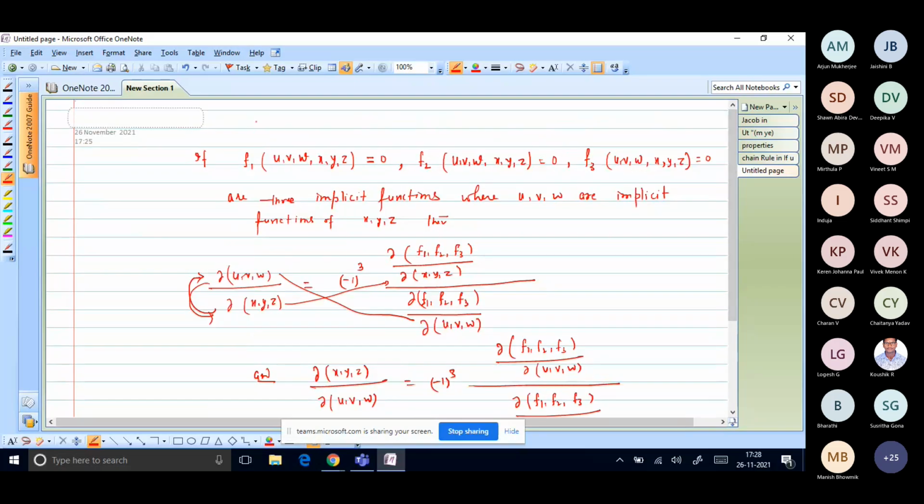So I'm going to give the heading as Jacobian or partial differentiation of implicit functions. Okay.